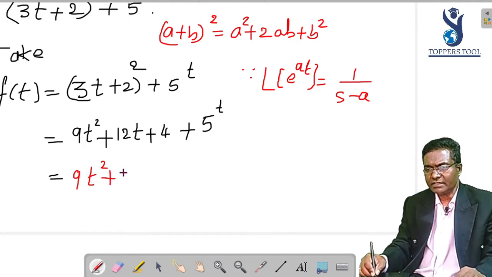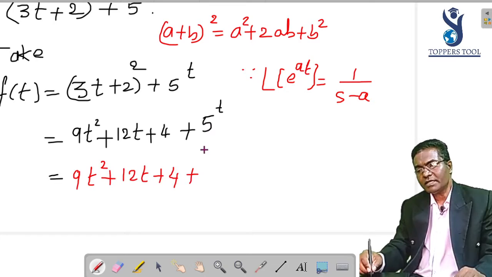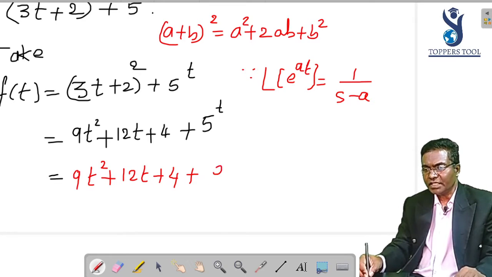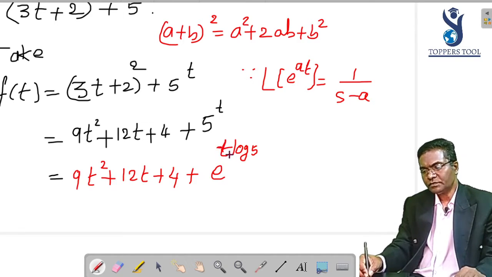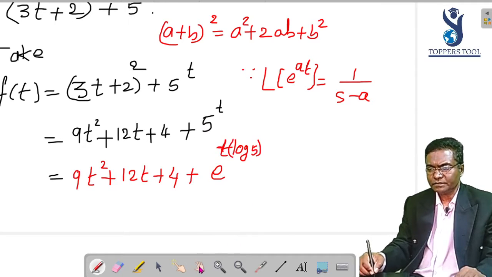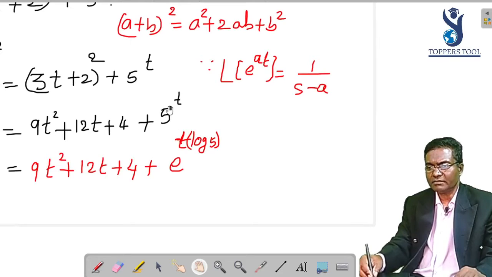So 9t square plus 12t plus 4 plus this 5 power t can be written as e power of t log 5. I will explain why it is so. e power t log 5 is nothing but 5 power t.